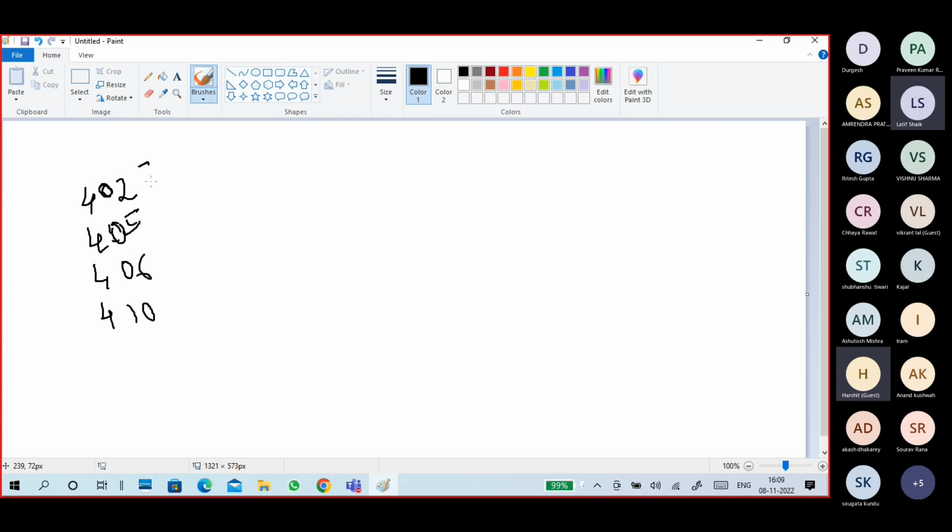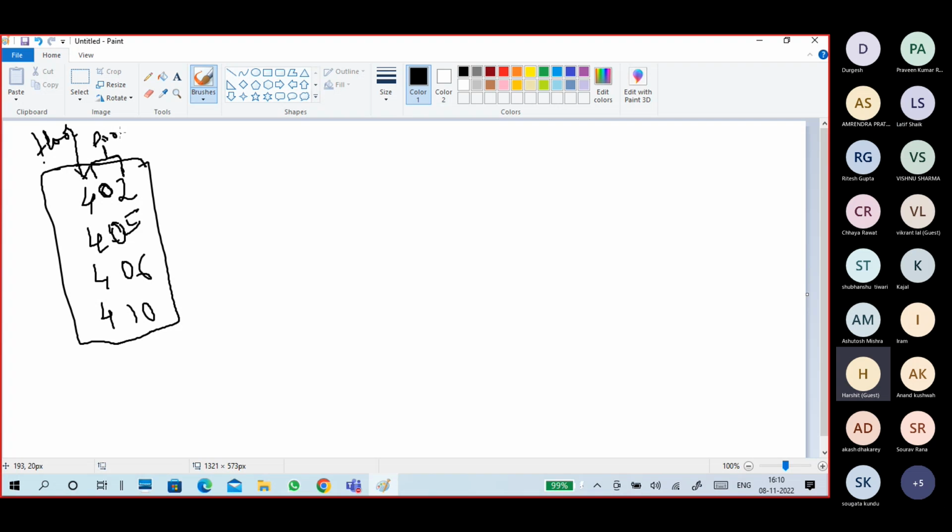In all of these, the first number represents the floor, and the next 2 digits represent the door or flat, right?